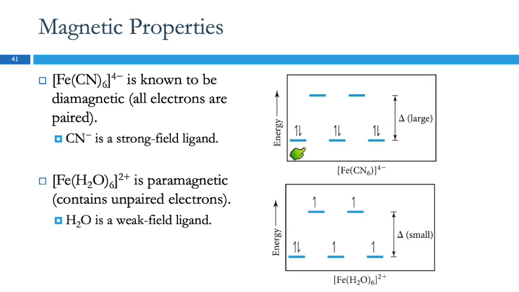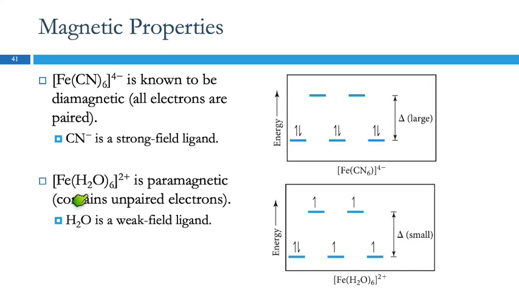And so here cyanide is a strong field ligand, and so the splitting here is large. So as we put the electrons in here, it has 6, 1, 2, 3, you're like, I don't want to make that leap, I'm going to just pair up, and they'll all be paired up, and we get a diamagnetic thing that is not going to interact with a magnetic field.